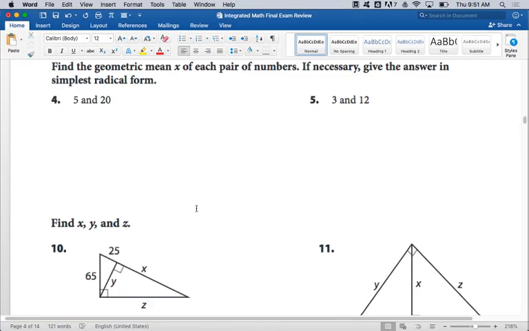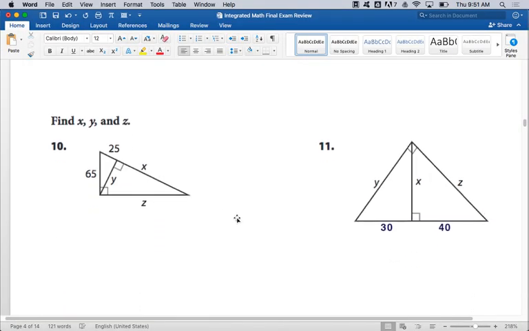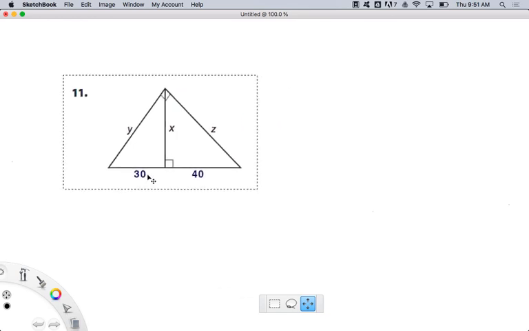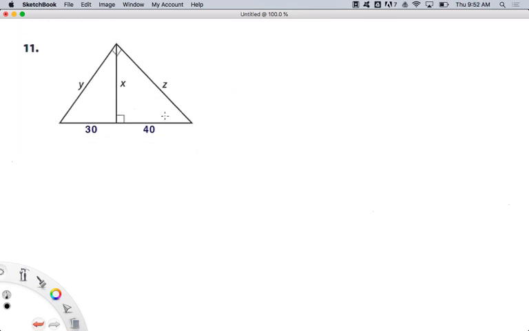All right. Last thing. You guys ready? Here we go. Number 11, rather. Now, I have to explain this problem. I have a triangle, and I drop what's called an altitude. An altitude is a line segment that goes from a vertex and meets the opposite side at a right angle. See that?